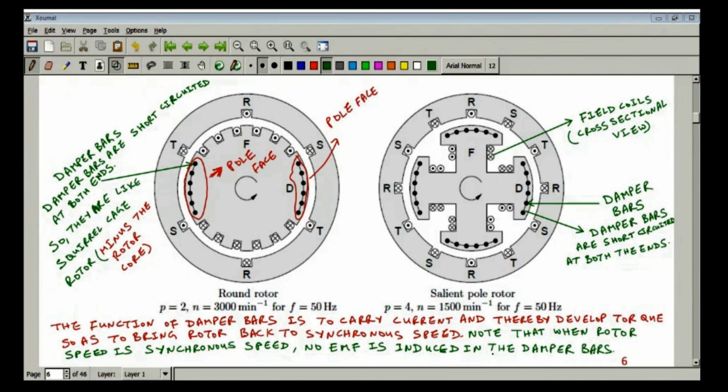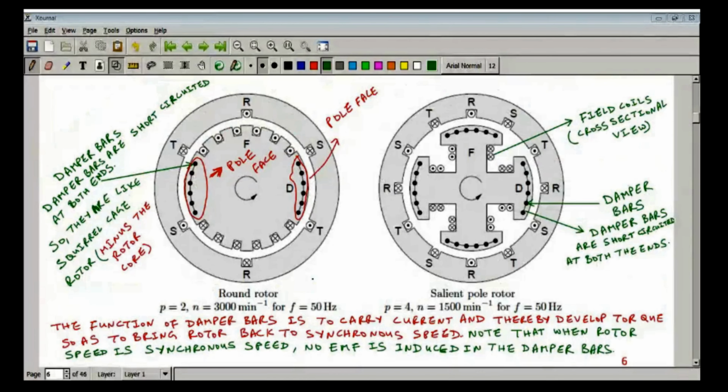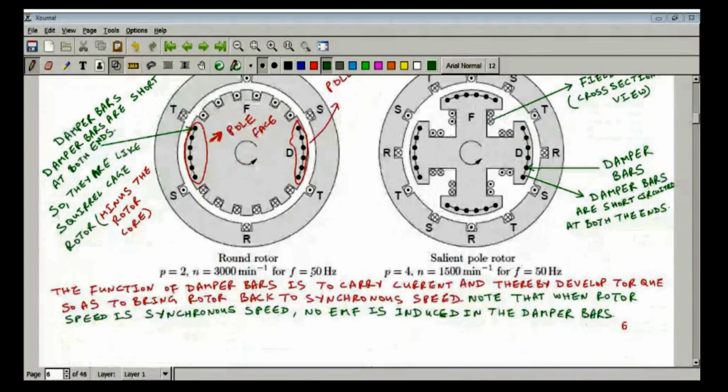This is an important point one should keep in mind thoroughly: when the rotor speed is synchronous speed, no EMF is induced in the damper bars, because in that case the relative speed between the rotating magnetic field and the damper bars is zero.